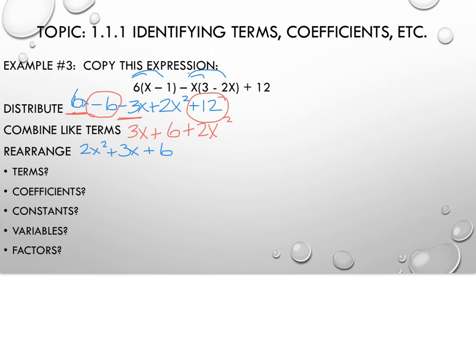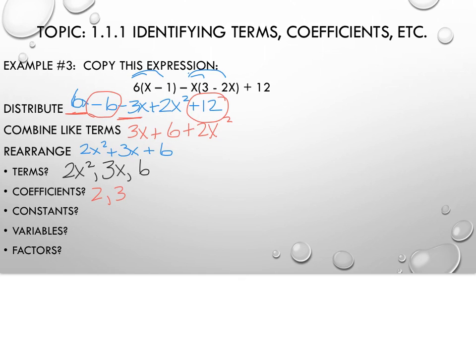Now you can go through, pause again, and see if you can get the bottom 5 without help. Okay, the terms are 2x squared, 3x, and 6. The coefficients, which are of course the numbers on the variable, 2 and 3.